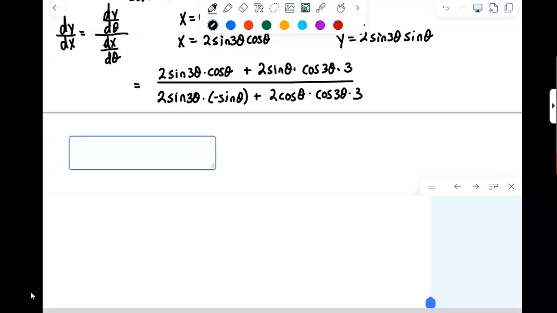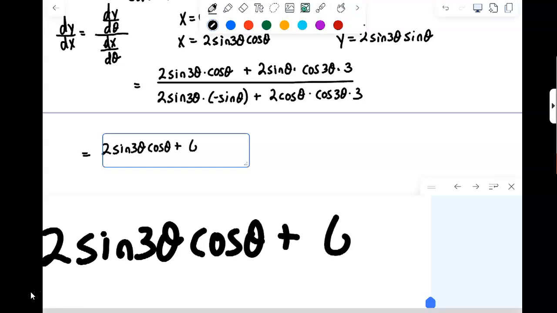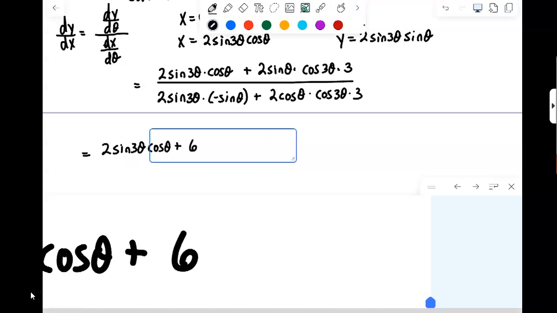And then just do a little bit of housekeeping here. I'm going to have 2 sine 3 theta cosine theta plus 6 sine theta cosine 3 theta.